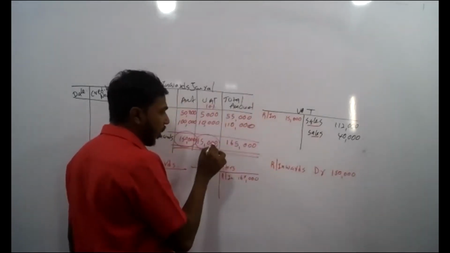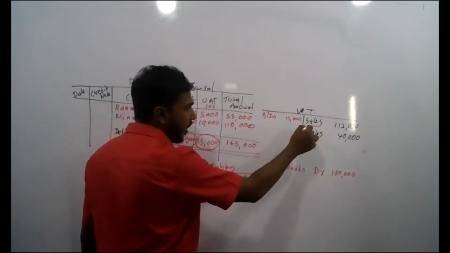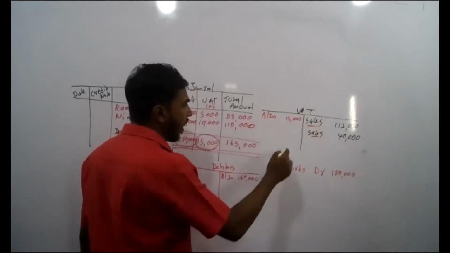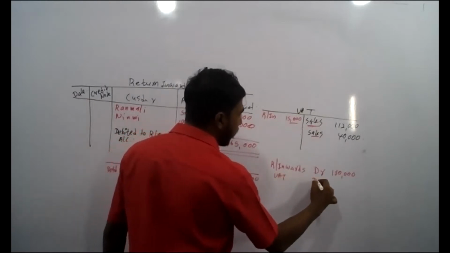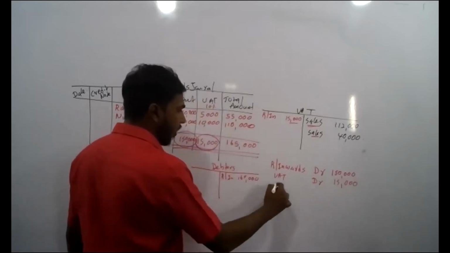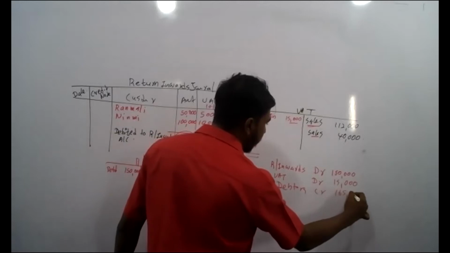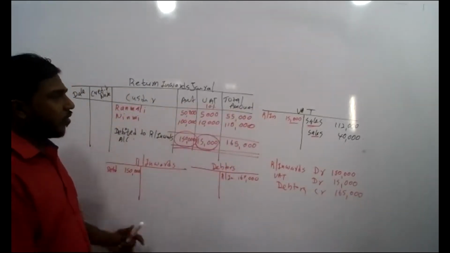Then you have to refund the VAT, you have to cancel the first VAT. Here you sold the goods, now you have received some goods as return inwards. So the VAT account is debited 15,000. Then debtors credit 165,000. Okay, so that's how it comes.